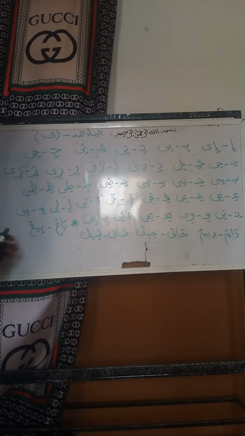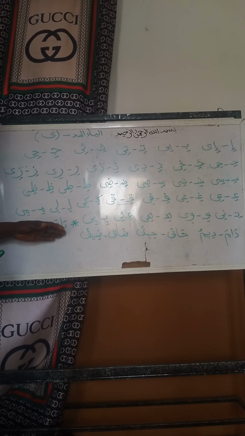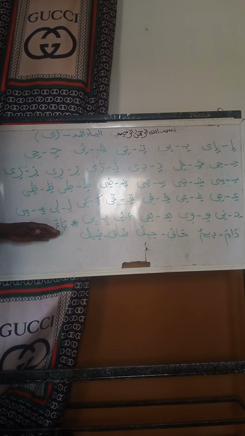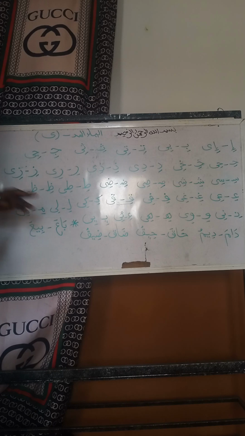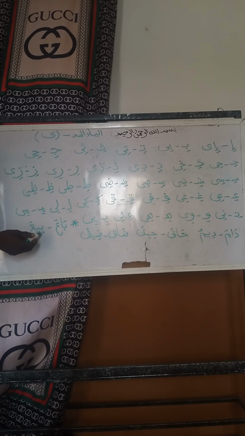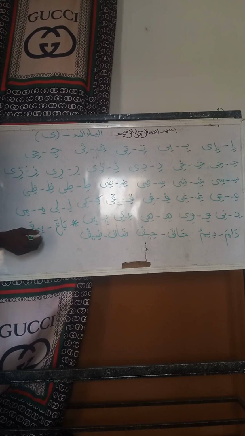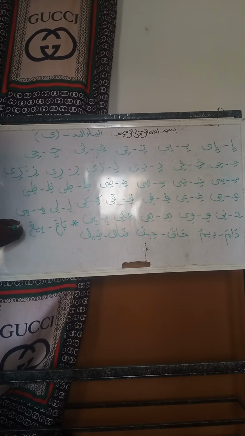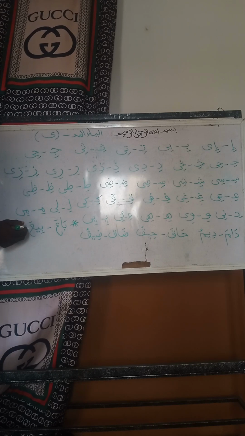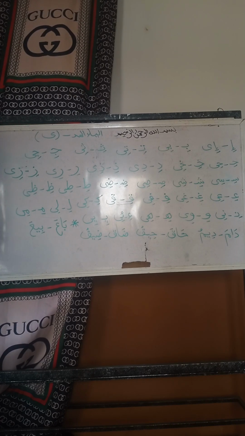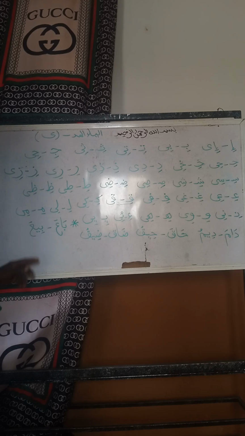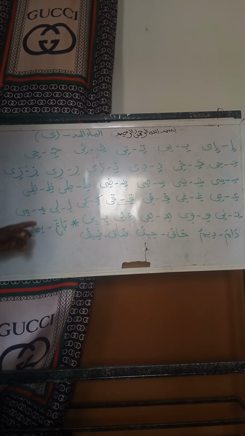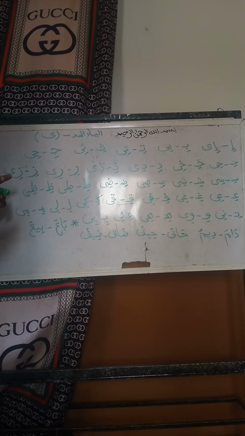So in our last class, we talked about this Alif. So now the example of Ya: Bi. If there is no Ya after this Ba, it will be pronounced as Bi in one sound without prolonging it.